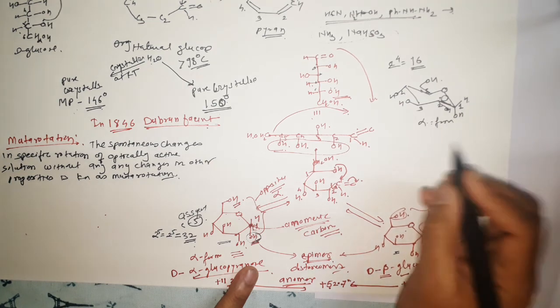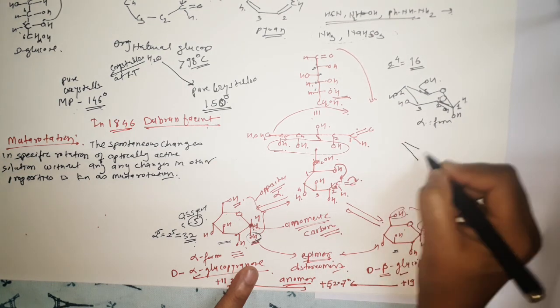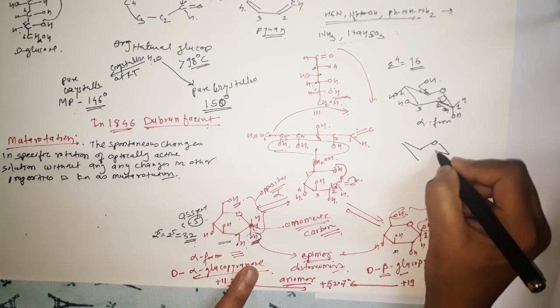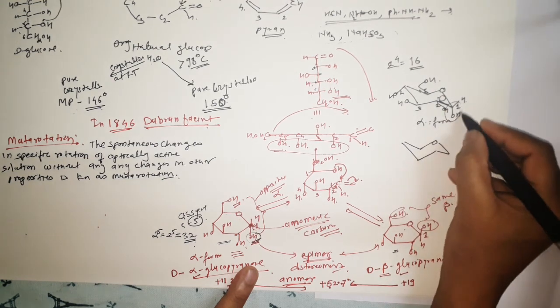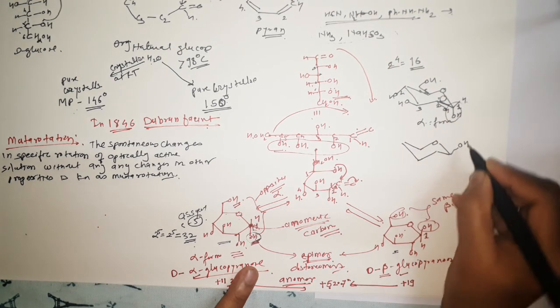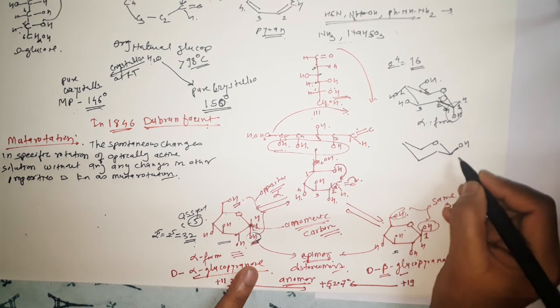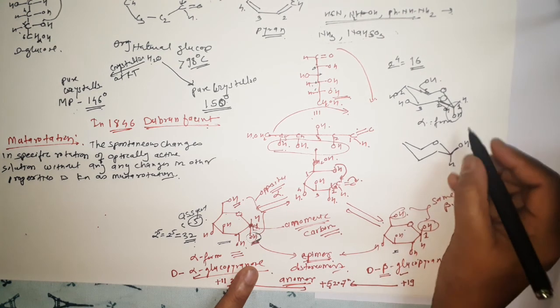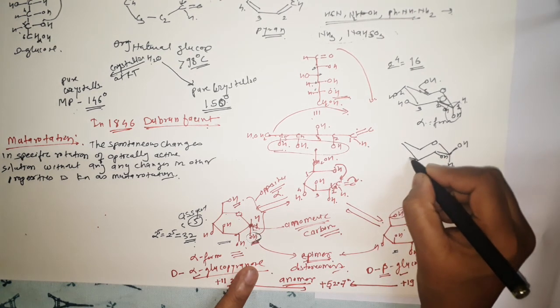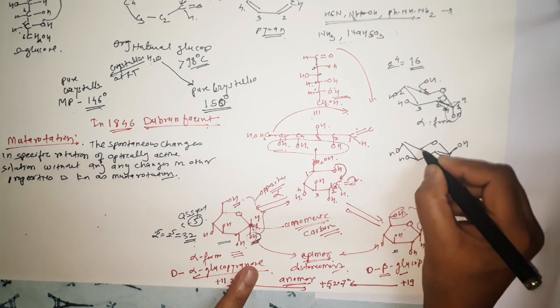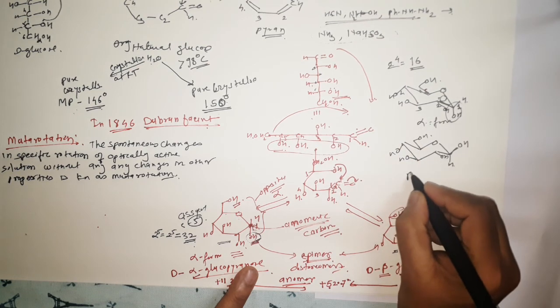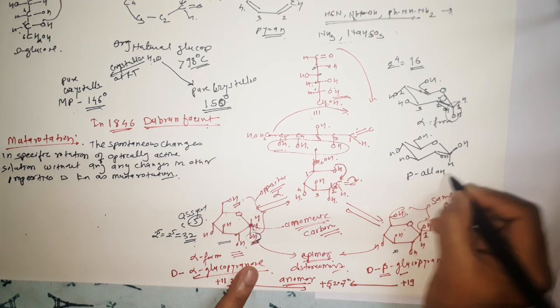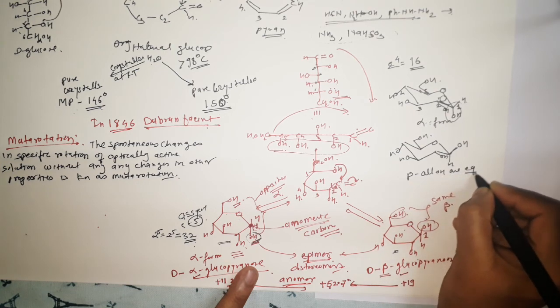Now, the beta form. Here this OH is at the equatorial position, and then OH, OH, OH, all equatorial. So, in the beta form all OH groups are in the equatorial position.